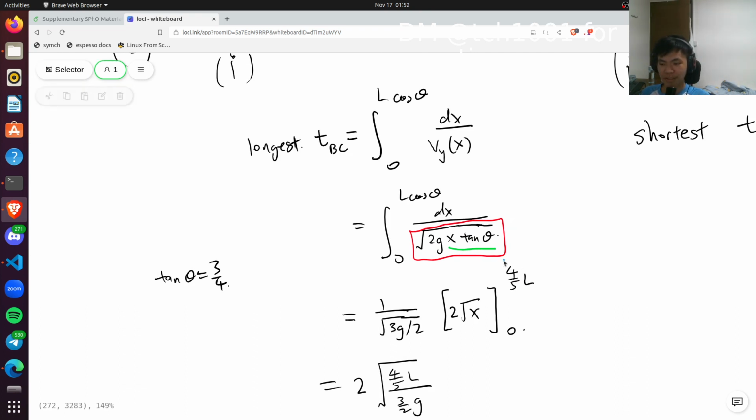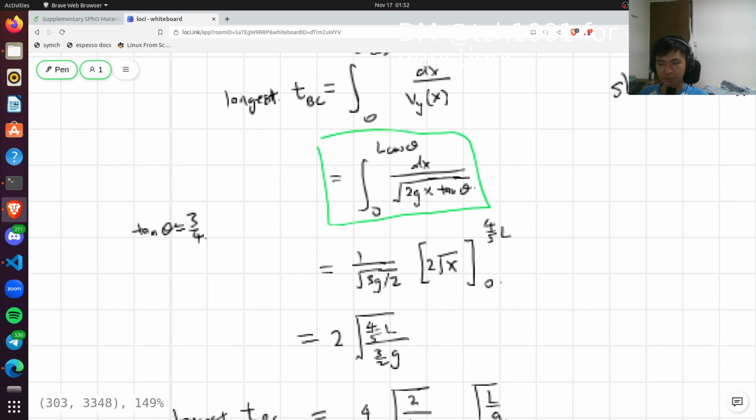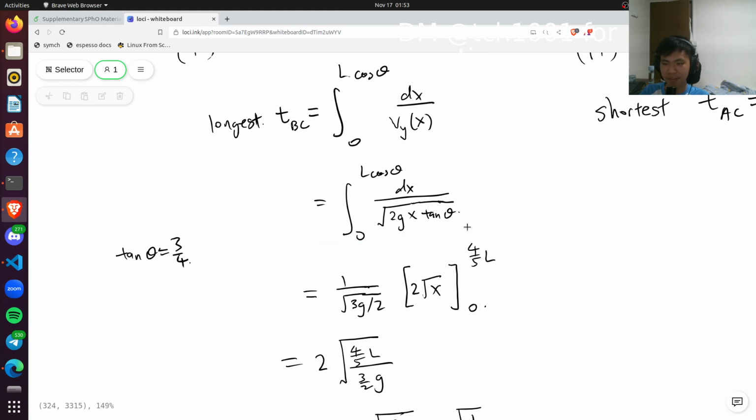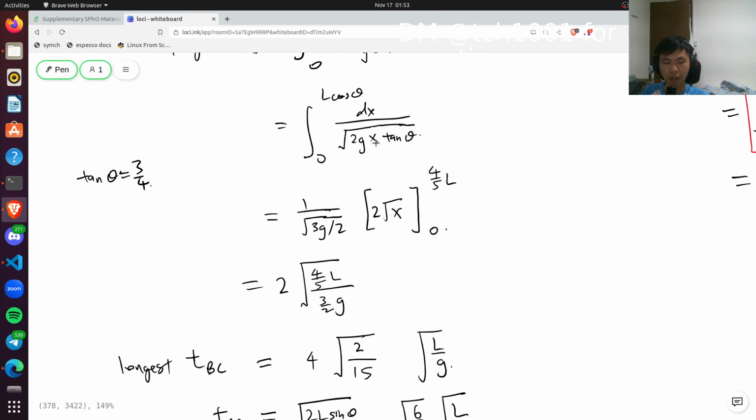Okay, so now we have an integral that we just need to evaluate. So how do we proceed with this integral? Sorry, I had to sneeze over there. We realize that the integral is just 1 over square root x.